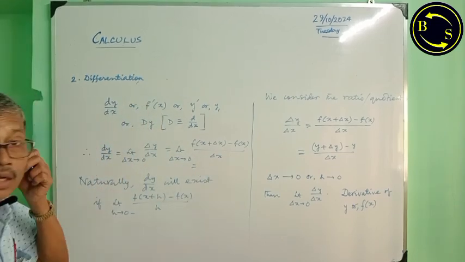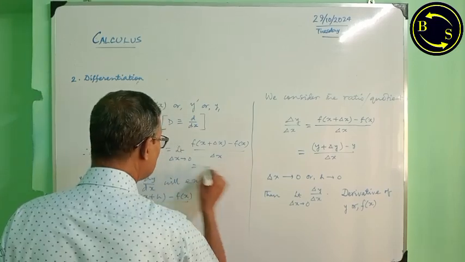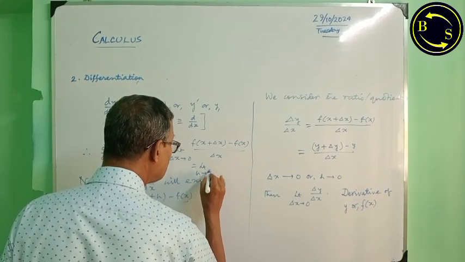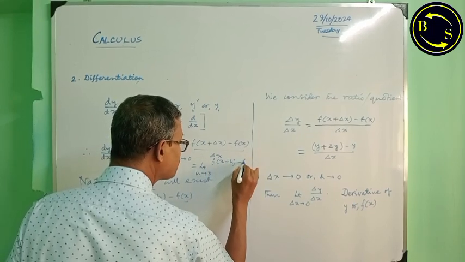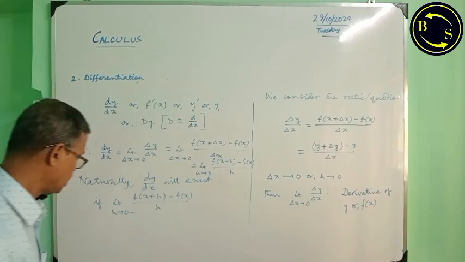Now I write here delta x equal to h, therefore the revised form will be limit h tends to 0 f of x plus h minus f(x) by h.